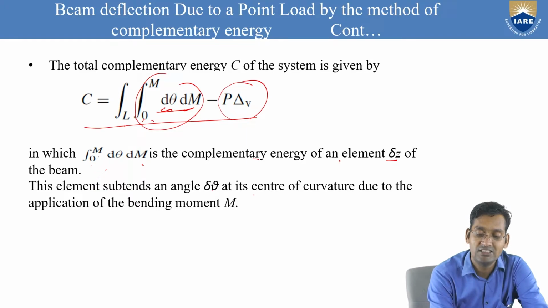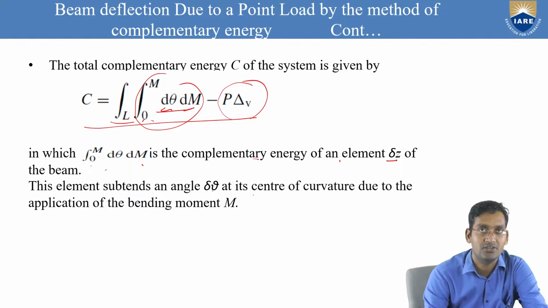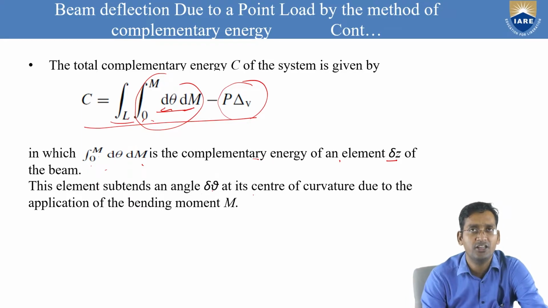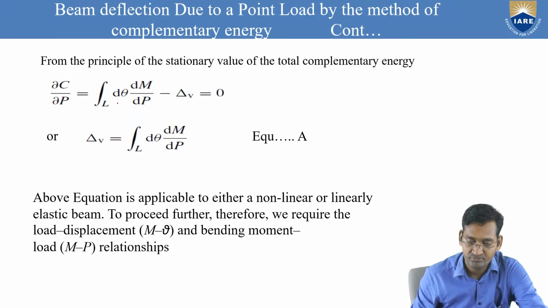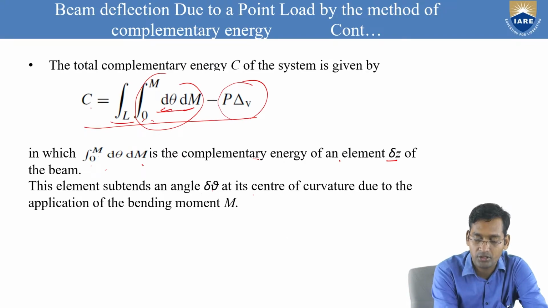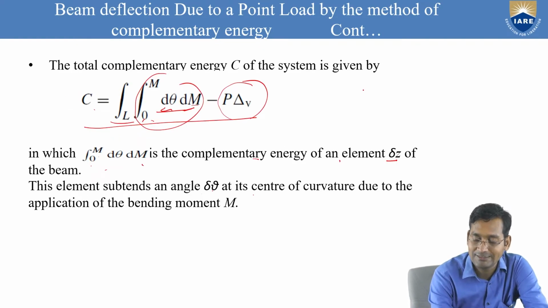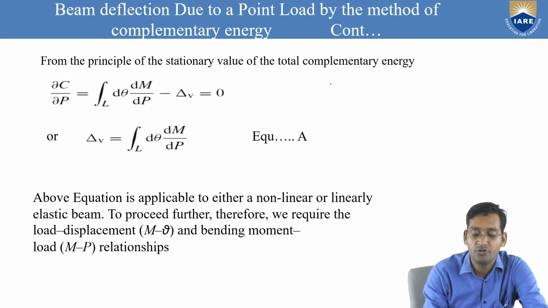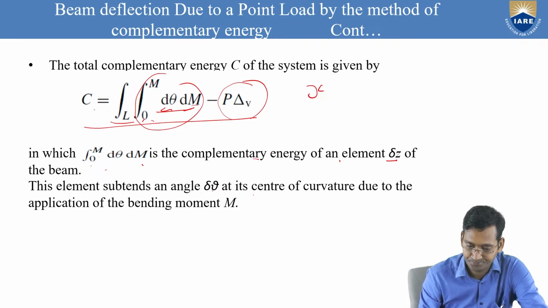So let's see here. This is the second integration, from 0 to L, or you can say over the entire length. That's why L is written here instead of 0 to L, or you can write 0 to L also. So this is the delta C. Now let's see the C formula. Just differentiate this one. After differentiating, C equals dou C with respect to the force, as we have seen earlier.